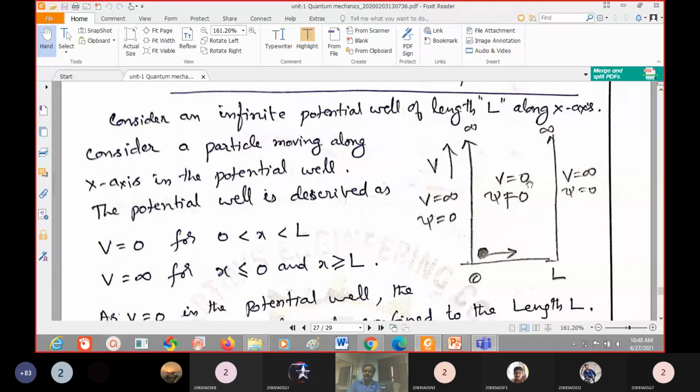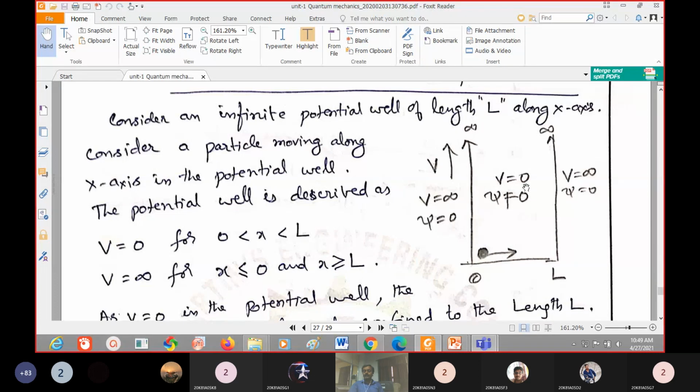One more consideration: inside the box the potential V is equal to 0, so there is no potential inside the box. That's why the particle will move freely inside the box.